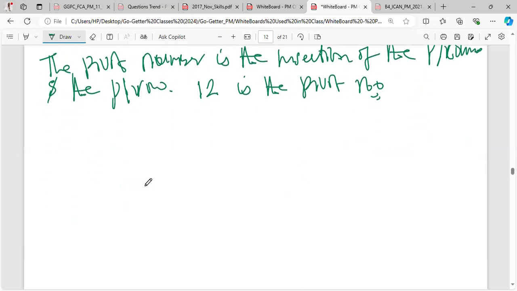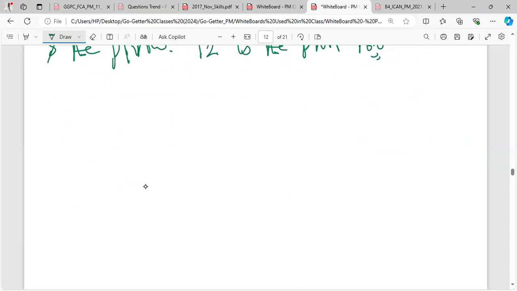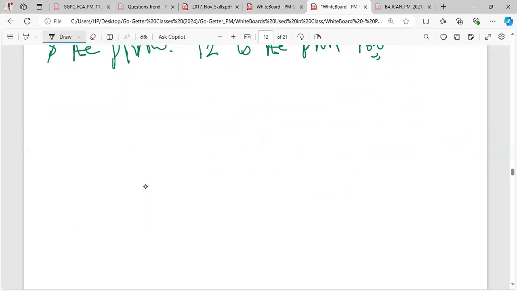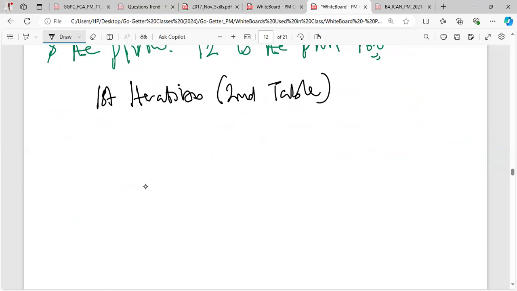So in the next table, which we are going to do now, the king will take his seat first. So we'll say first iteration. Iteration is simply a movement. First iteration, which is second table. Either you call it first iteration or you call it second table.